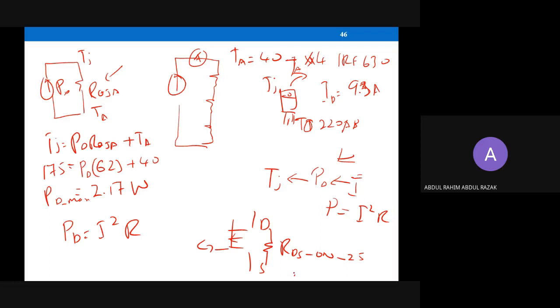This value is applicable when the device temperature is room temperature, 25 degrees C. If you take a look at the datasheet, page number 3, figure 4, it shows the normalized on-resistance versus temperature, the normalized drain to source resistance.